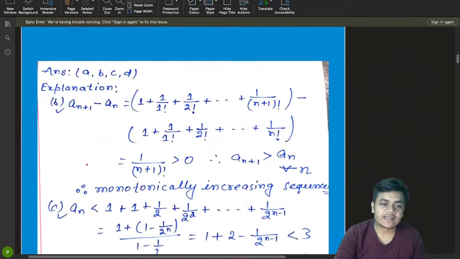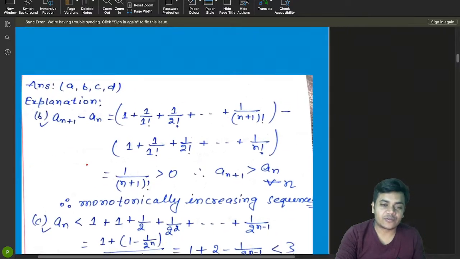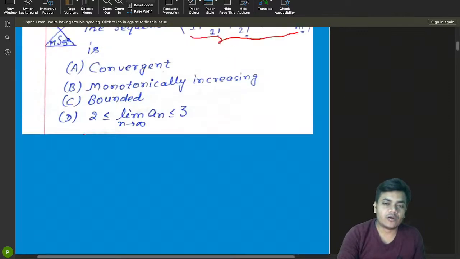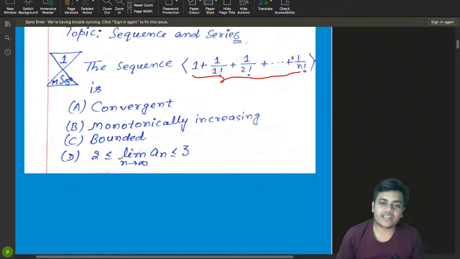So first of all, I want to see its monotonicity. You people know when we say a sequence is monotonic. If we take this as an, what is our an? 1 plus 1 over factorial 1 plus 1 over factorial 2, and so on up to 1 over factorial n.